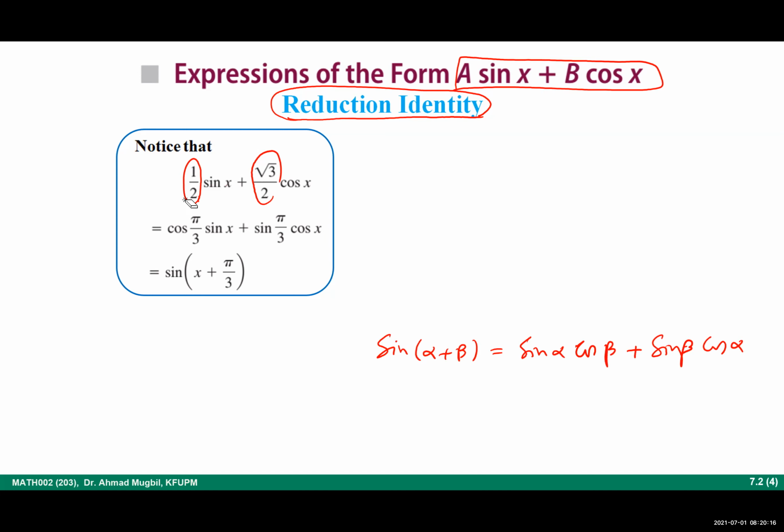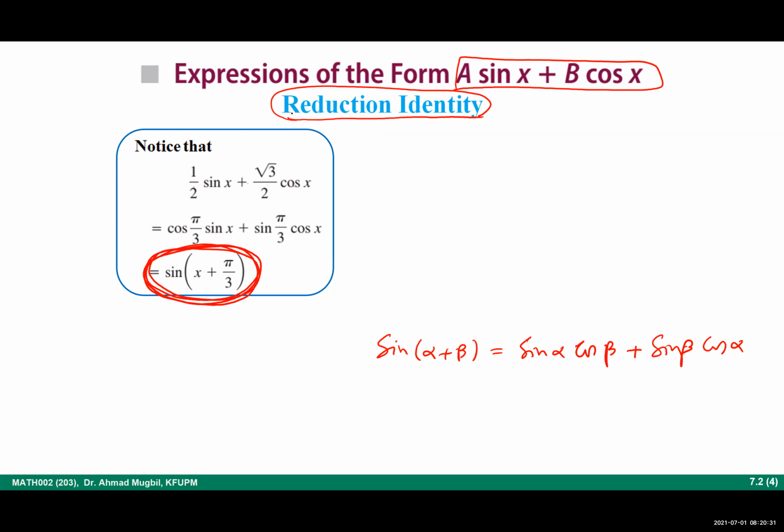So look what happens, ya shabab. I have a constant multiplied by sine plus a constant multiplied by cosine. I can write it as a single function of sine. The cosine disappears here.